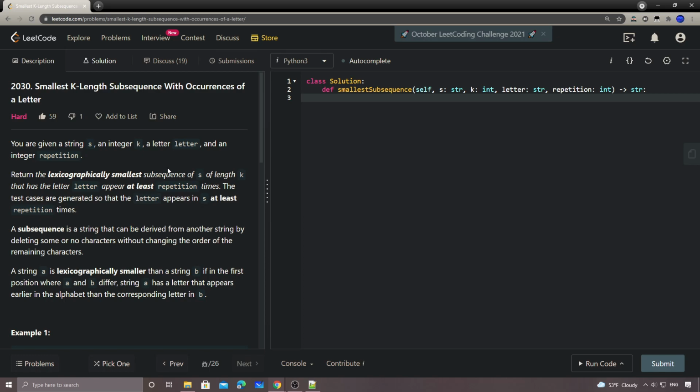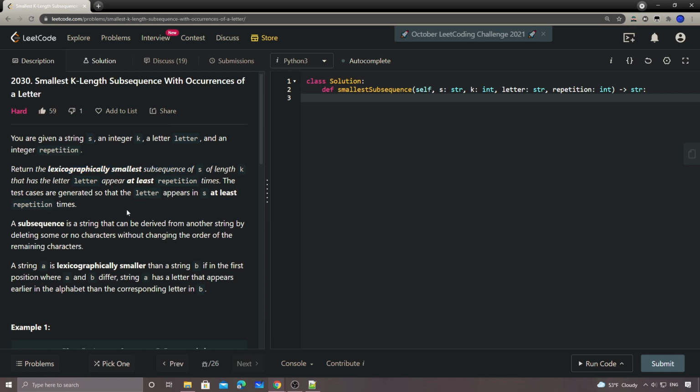So basically you need to remove some letters such that each letter appears exactly once. If you guys remember that one, it's the same. Similarly for this one, both of them need to find the lexicographically smallest subsequence, right?